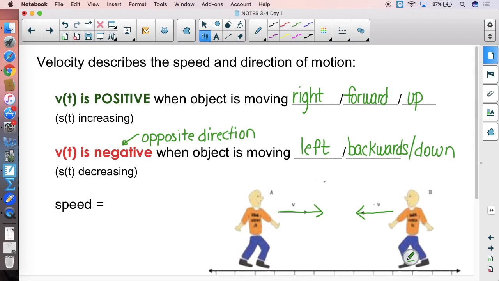So velocity and speed have a lot in common. Both are represented by a number, but velocity can be positive or negative to also tell us the direction. Speed, however, is not, so speed is the absolute value of velocity. Taking the sign off removes the direction and just tells us the number part, that rate of change, but not the direction it's moving in.